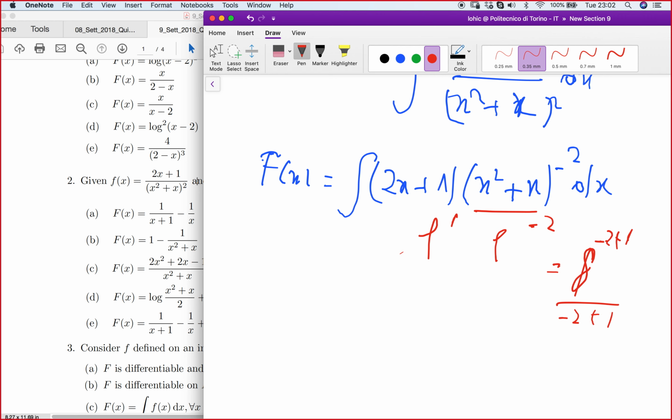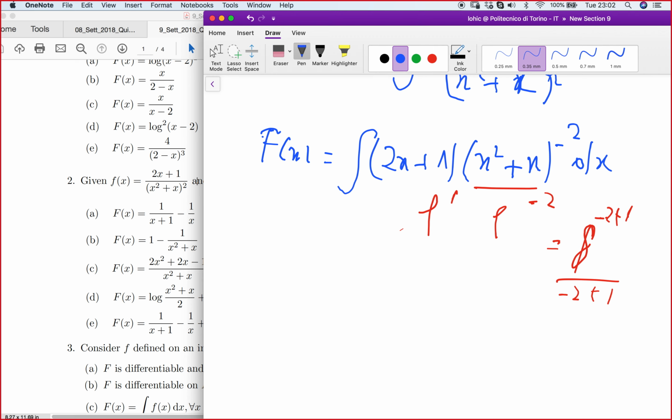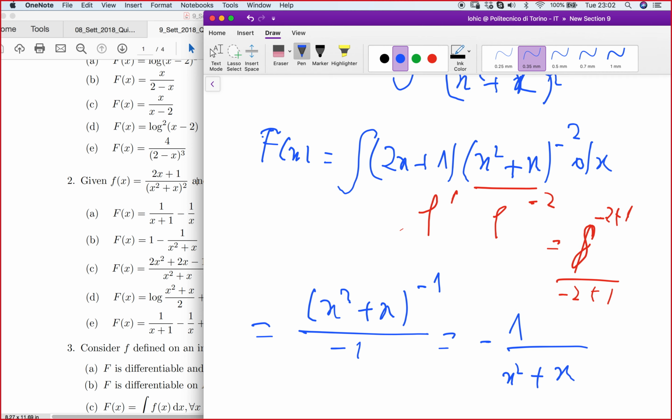The result of this integration will be x squared plus x to the power minus 2 plus 1, which is minus 1, divided by minus 1. This will be minus 1 over x squared plus x.